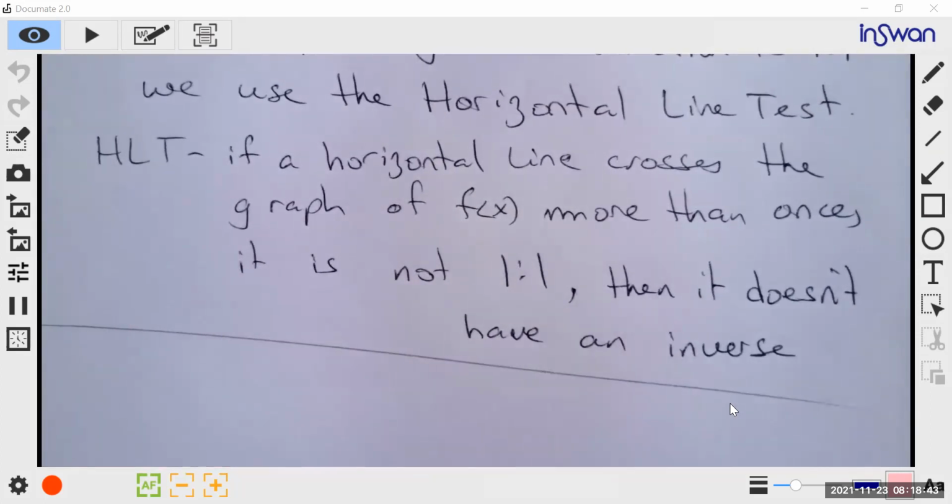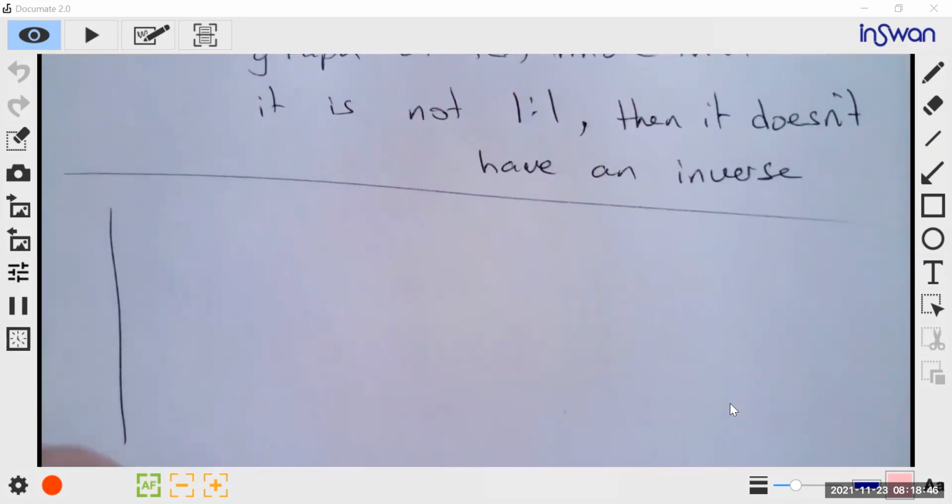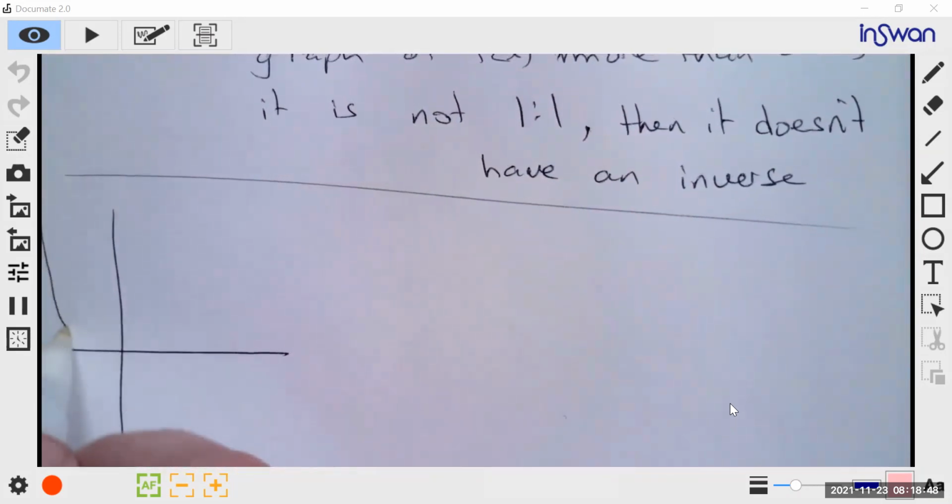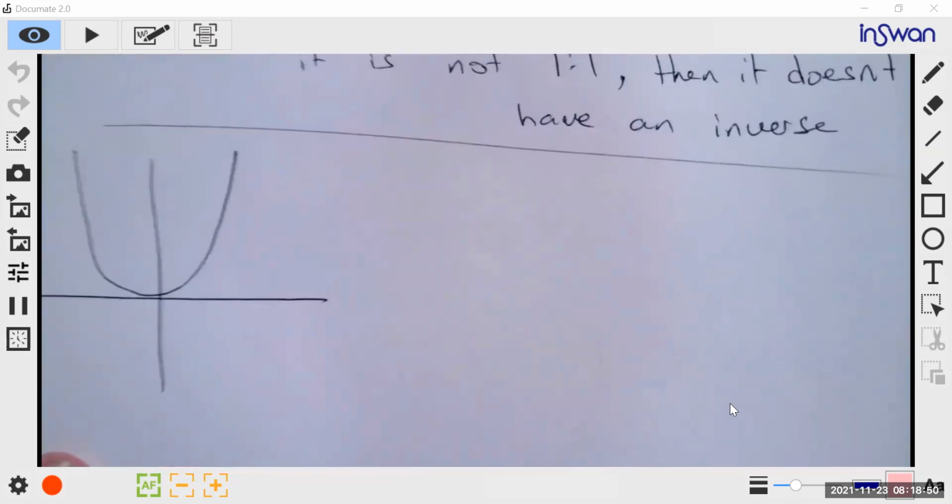So again, for example, is this function one-to-one?